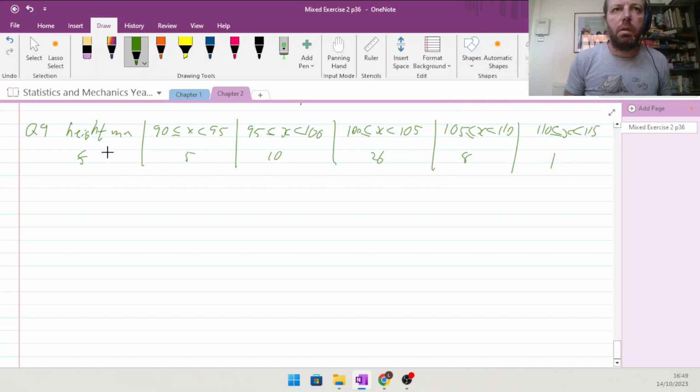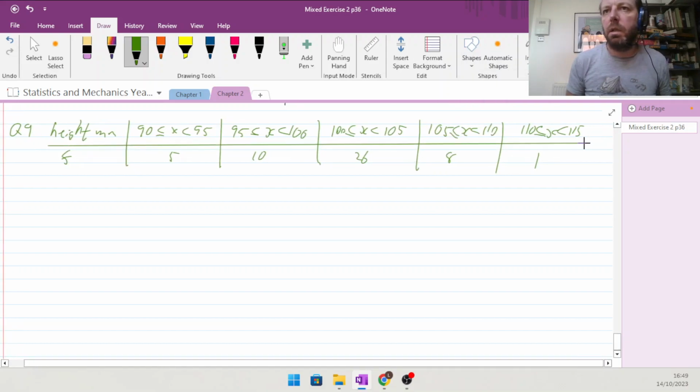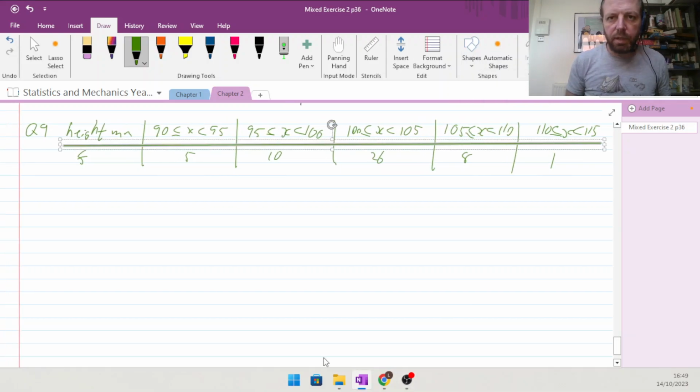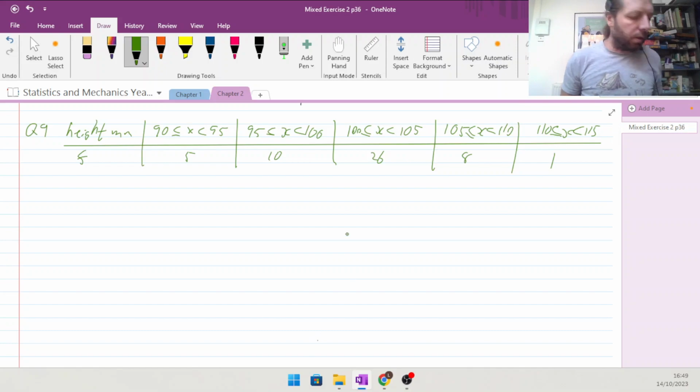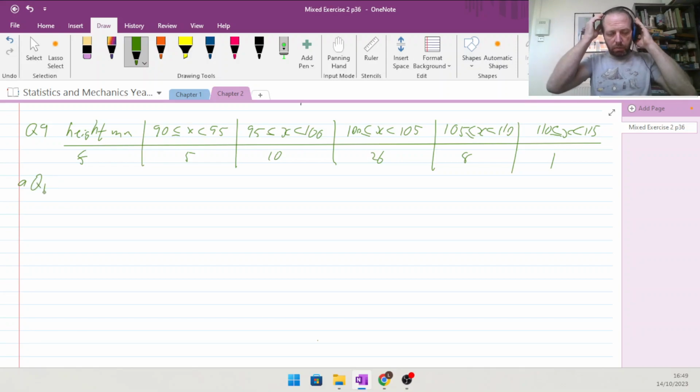Part 1 is to find Q1, find Q2, find an interquartile range. So A is find Q1, which is basically 25%.